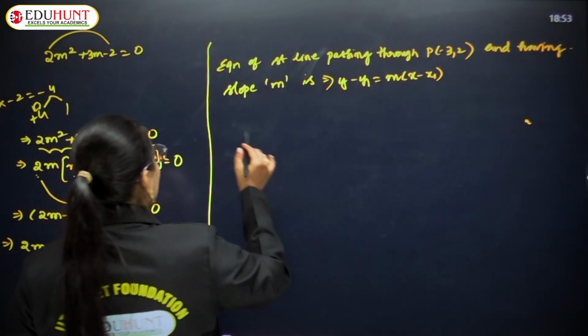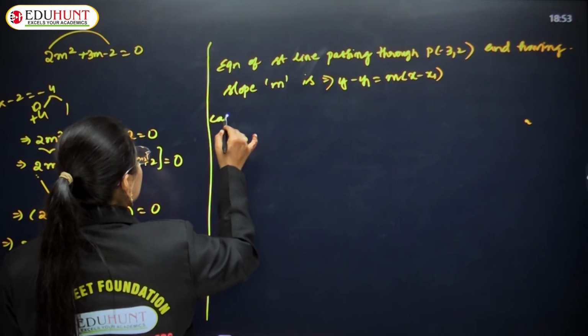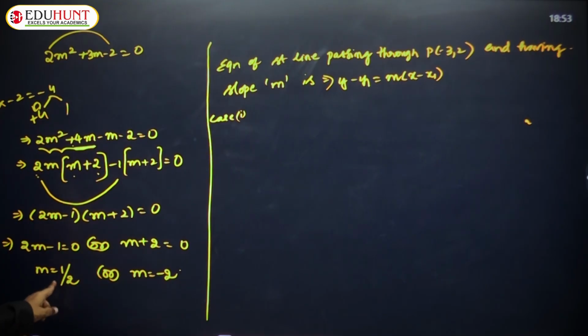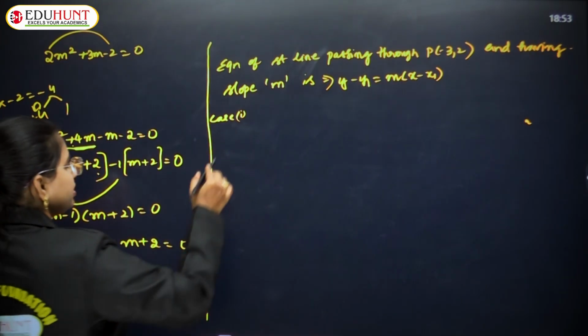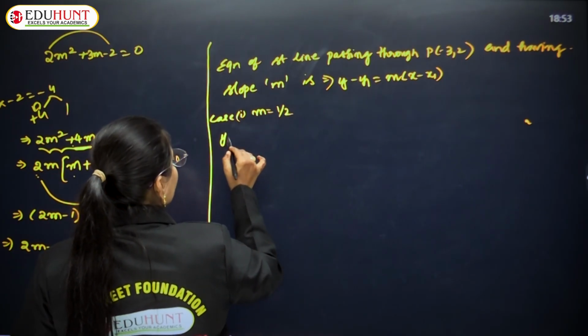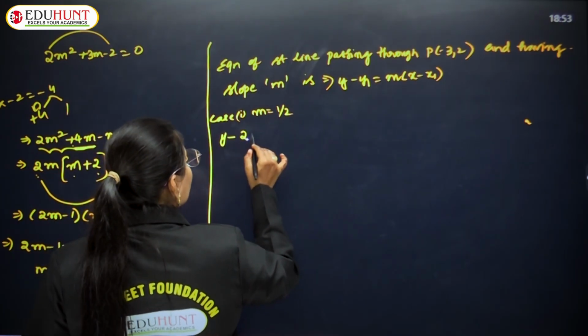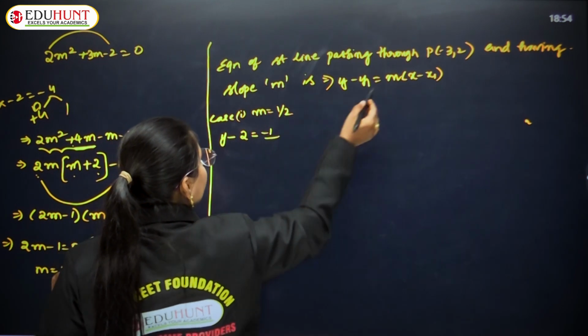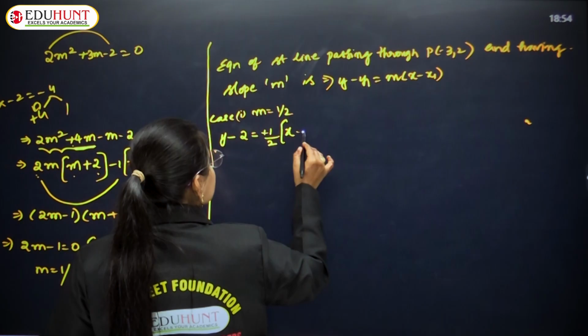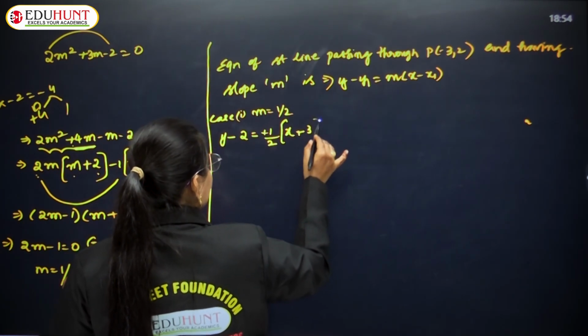So first part we'll do case 1, m is equals to 1/2. Case 1 we'll solve it by considering m equal to 1/2. So what you'll have? Y minus 2 is equal to, in the place of m I am replacing with 1/2 into x minus of minus is x plus 3.